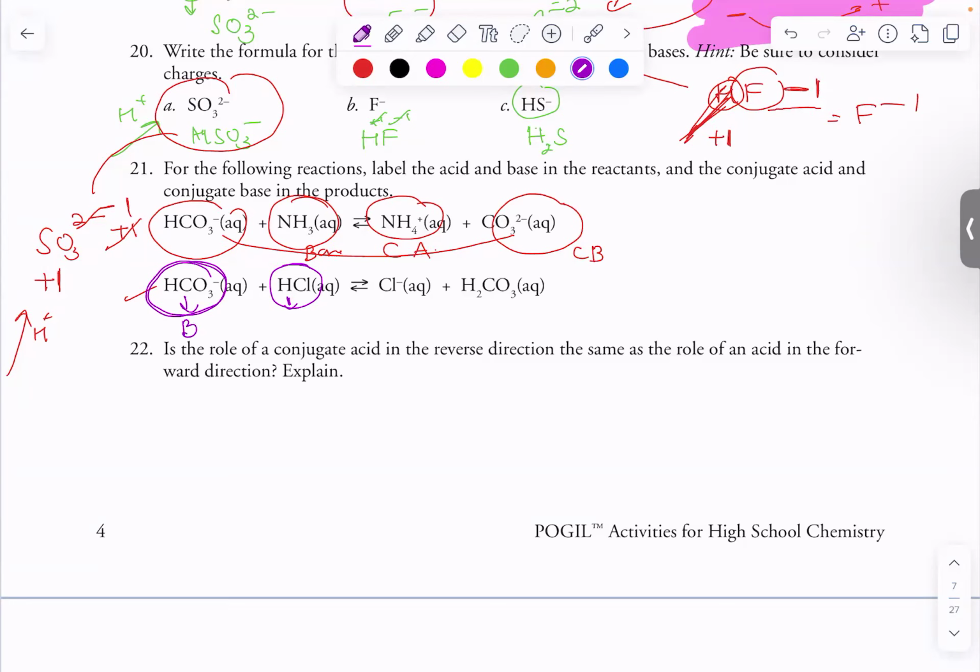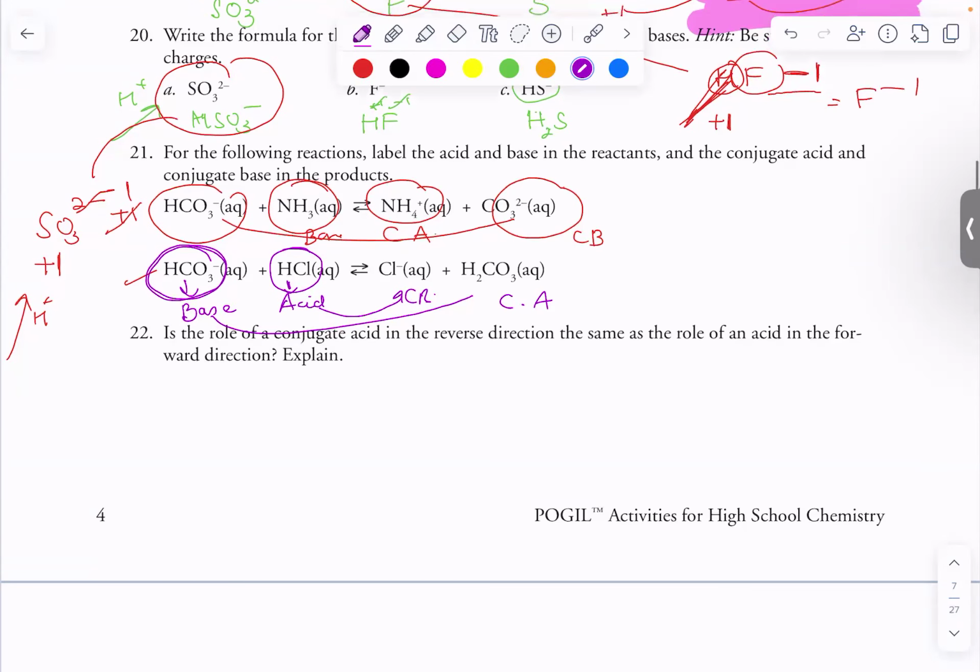Yes, it's a base, and HCl is an acid. So base changes into conjugate acid, and acid changes into conjugate base. Yes. Last question, 22.